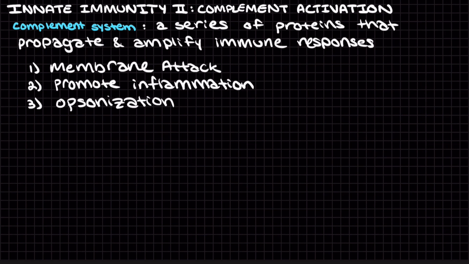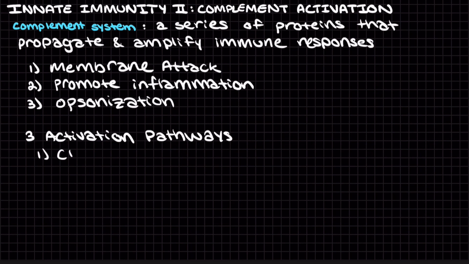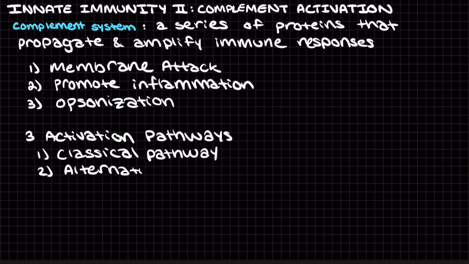In addition, there are actually three different pathways in which the complement system can be activated. So 3 activation pathways. And these are known as the classical pathway, the alternative pathway, and the lectin pathway.